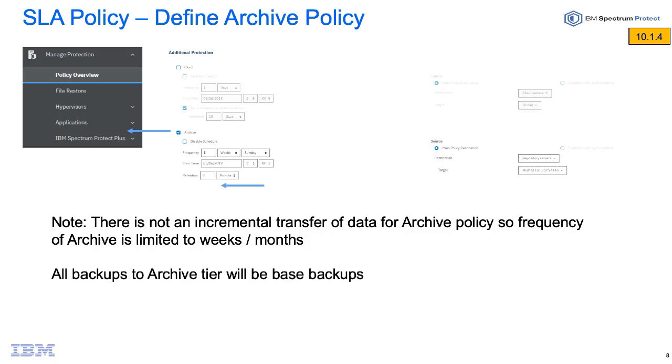And you are just picking a frequency, a start time, and a retention, and a source for the archive. Now again, because this is not an incremental transfer, your frequency choice is going to be limited to weeks and months. So you won't be able to pick a daily archive because of just the time it would take to do the full movement of data. And all the backups to the archive tier will be base backups.